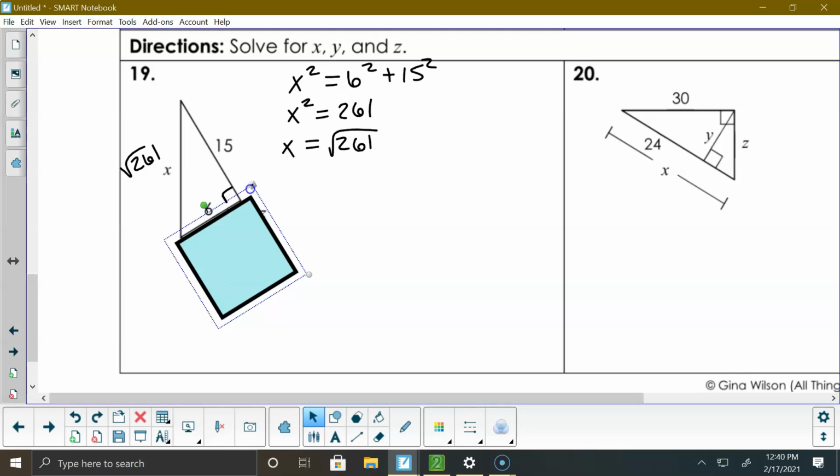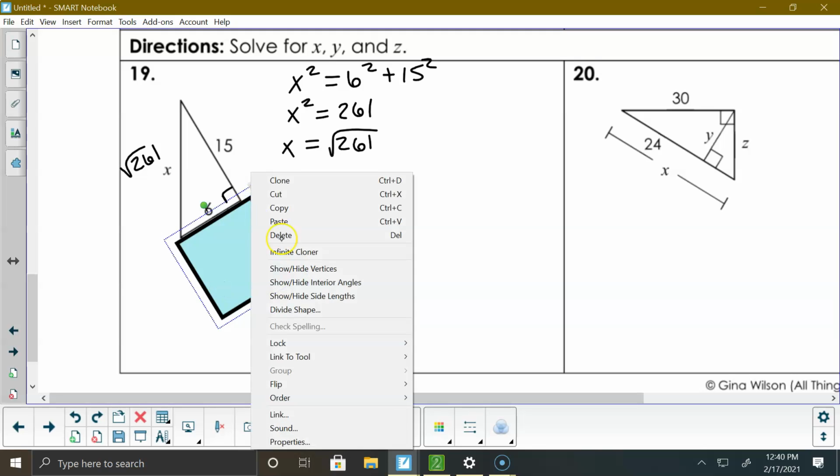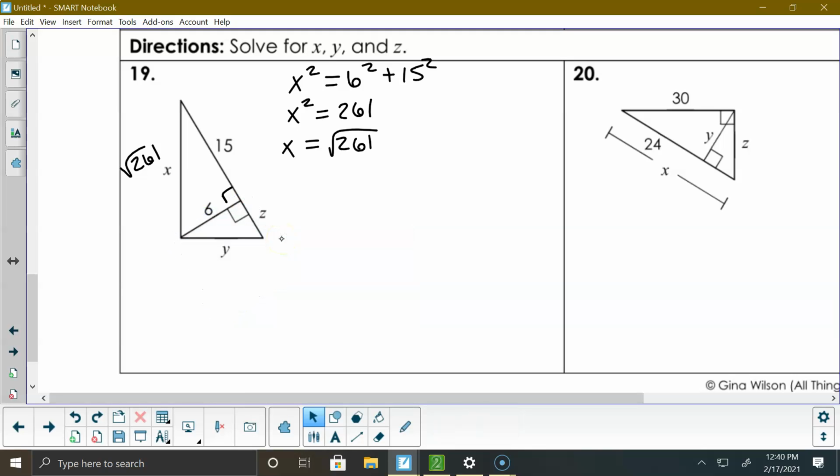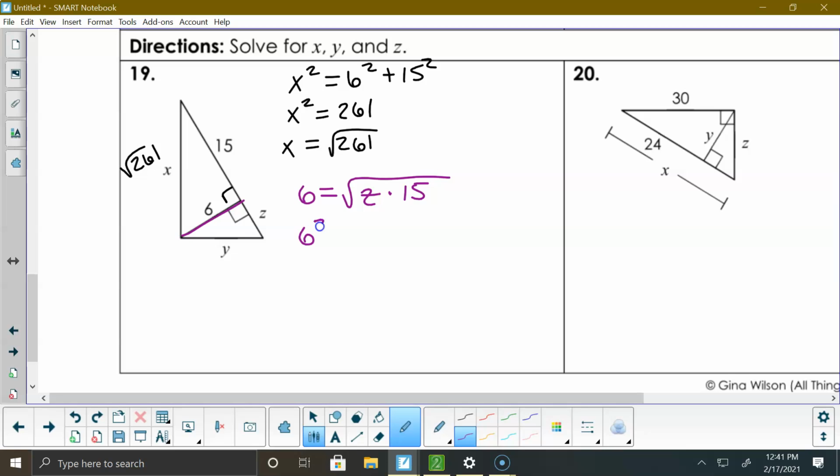So now I got to deal with my lovely little triangle down here. So is this an altitude? Yes. So I know 6 equals the square root of z times, except that's kind of gross, right? So could I write it as 6 squared equals 15z?